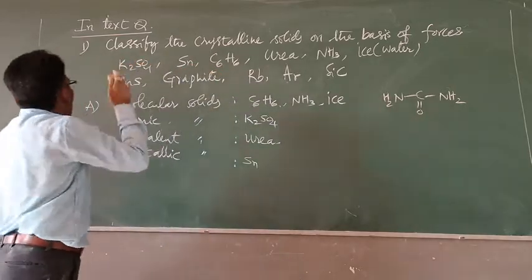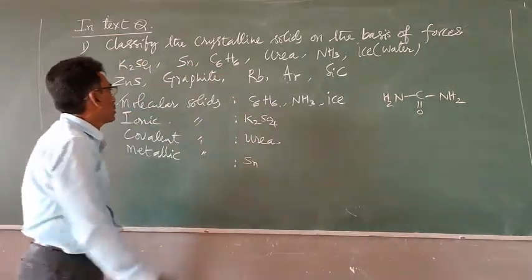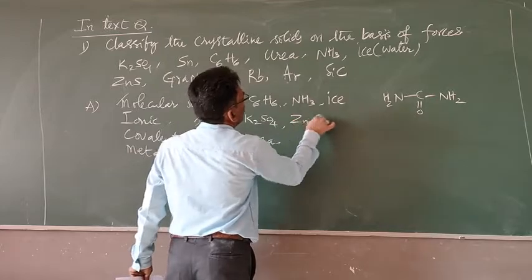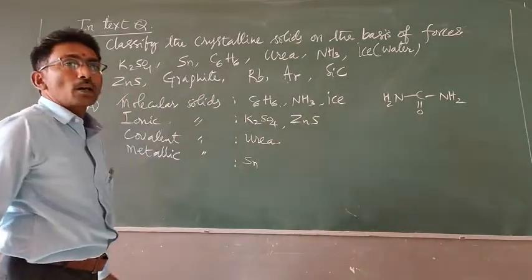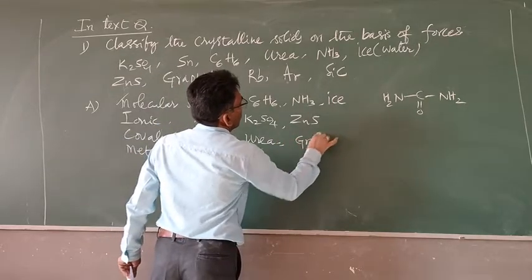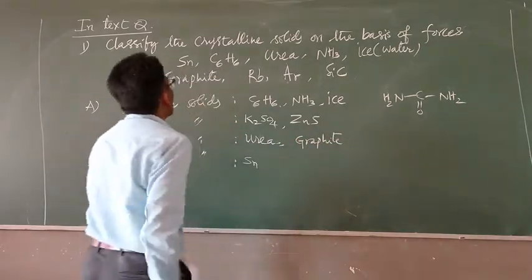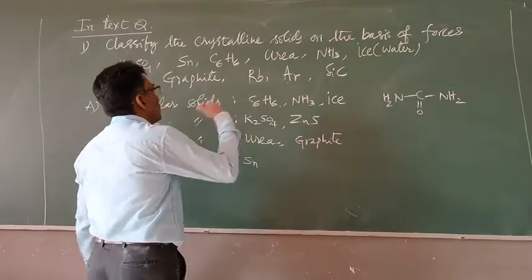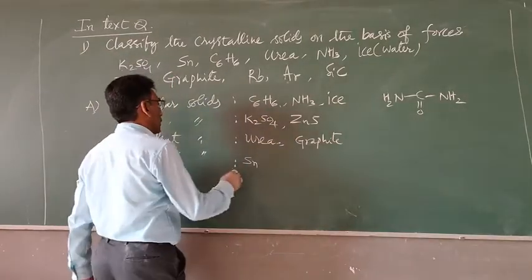Then zinc sulfide: zinc ions attracted by sulfide ions, an ionic solid. Next, graphite. Carbon atoms are held by covalent bonds, so it is a covalent solid. Next, rubidium is a metal, with metal ions attracted by mobile electrons.